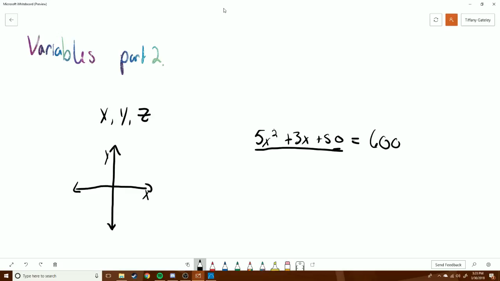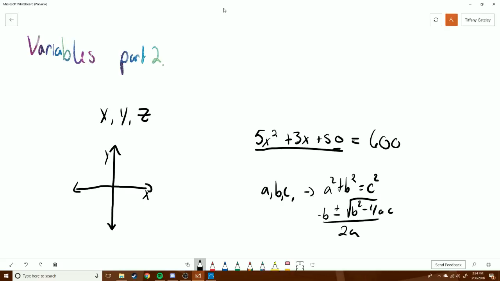Other variables and letters are used in different ways. Like a, b, and c are used in formulas. You have a squared plus b squared equals c squared, and that's your triangle formula. And then you have the opposite of b, plus or minus the square root of b squared minus 4ac, all divided by 2a, your quadratic formula.